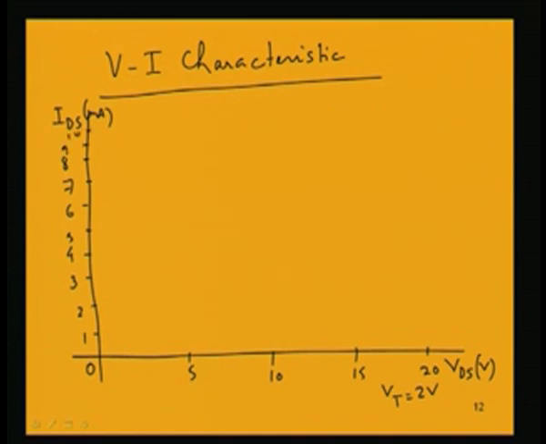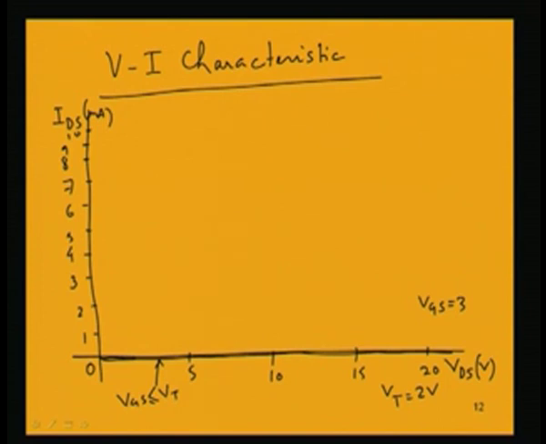Now, for this region where say VGS equal to 3 volt and onwards we will be raising the VGS. Below VGS equal to 2 volt the current will be 0. So, this line basically denotes that VGS is less than threshold voltage Vt.